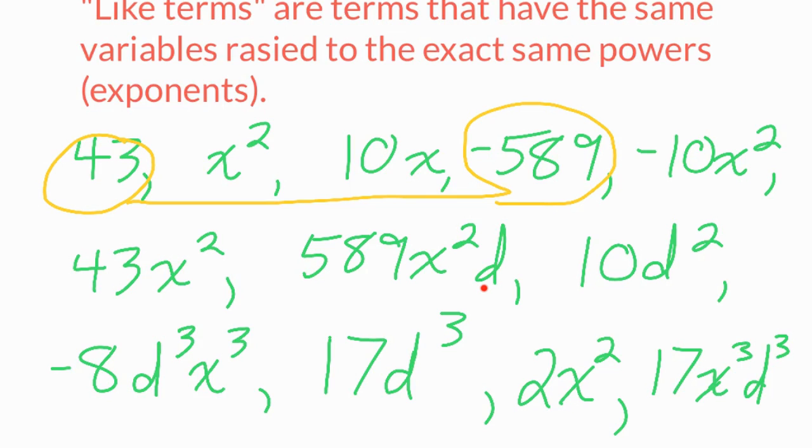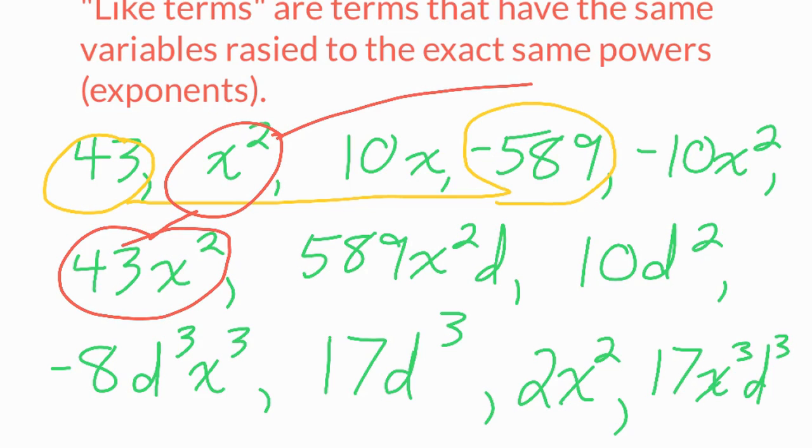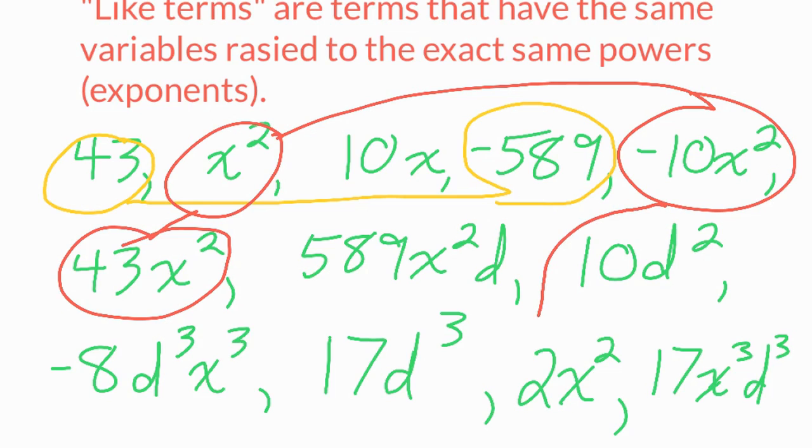So this term does not go along with these 4 other terms. So let's circle those 4 other terms. This, and this, and this, and this one. These 4 terms are all like terms, so they can be added or subtracted with each other.